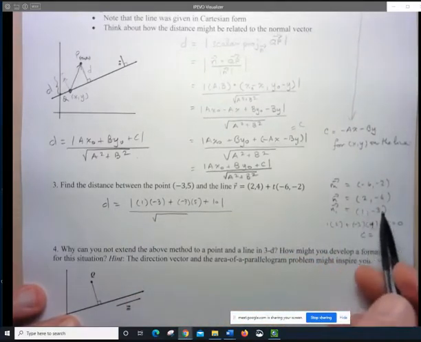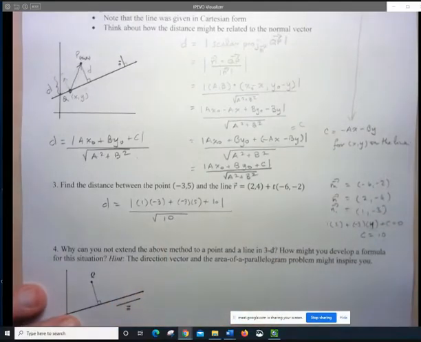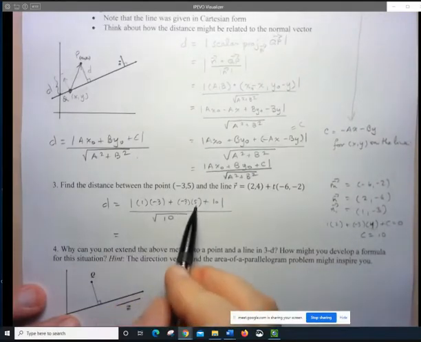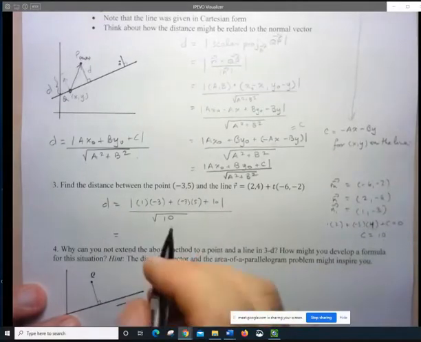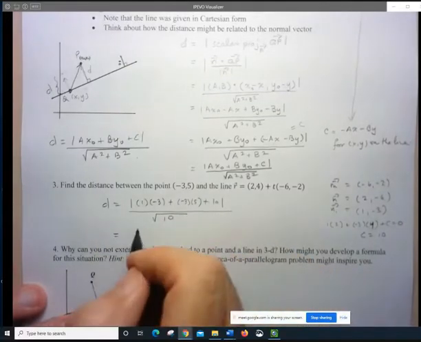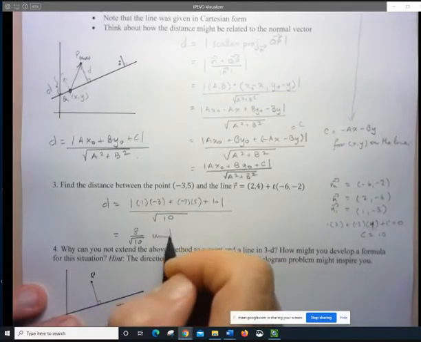A and b, 1, -3, so 9 plus 1 is 10, so square root of 10. Okay, and so what do we have here? We have -3 minus 15 is -18, plus 10 is -8. Take the absolute value, it's just going to be 8 over square root of 10 units.